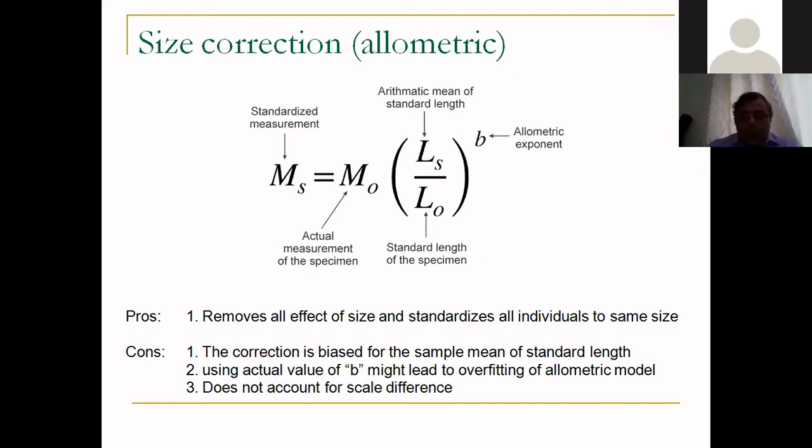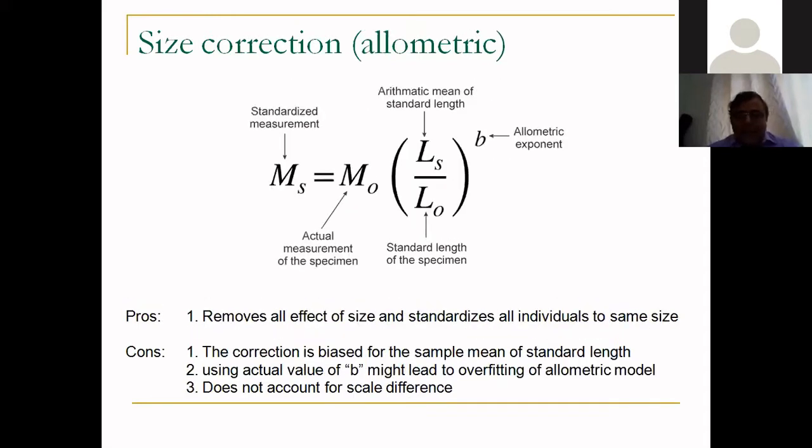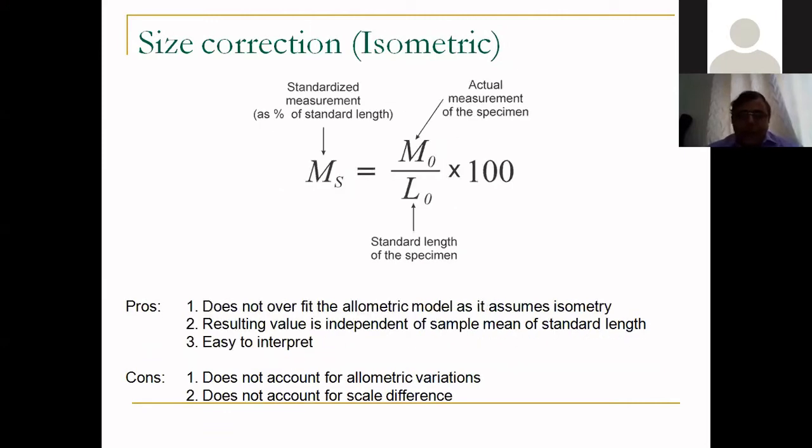That is one problem. Now, there is another way in which you can do size correction, and if you look at that, actually it is the same as the allometric method that I explained over here. In this case, you don't standardize the lengths to the mean standard length of the population or the sample that you have, but you make it out of 100.